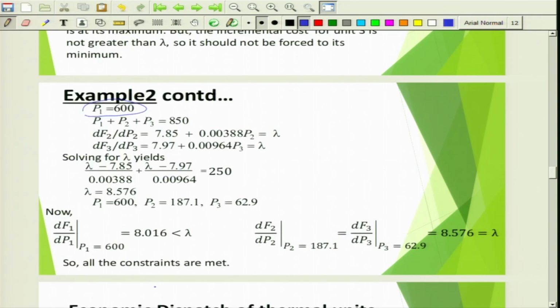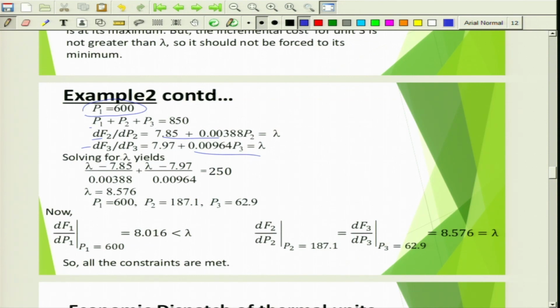Then what we are going to do now is fix generator 1, P1 equal to 600. Now you optimize for generators 2 and 3. So P1 plus P2 plus P3 is equal to 850, and obtain dF2 by dP2 and dF3 by dP3, and their values should be equal to lambda now.